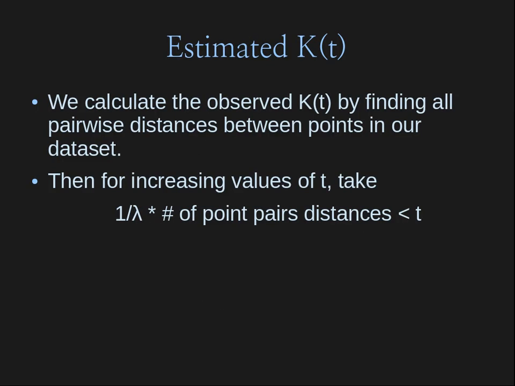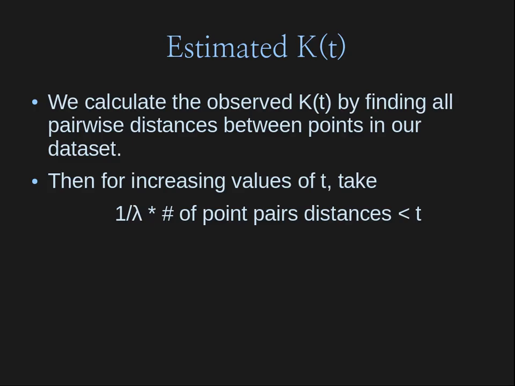To find our actual K statistic, we calculate the distances between all the pairs of observed points. We take all of those distances, which ends up being a lot. Then, for increasing distances, we ask how many of those pairwise distances are under a value t, which gives you, if I choose a random point, the probability of finding one of those.